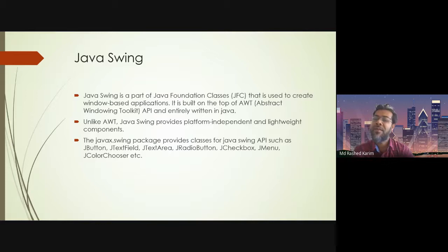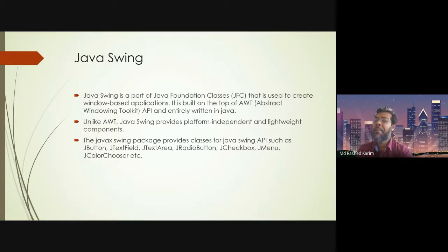What is platform-independent? Platform independence means it can run anywhere, on any operating system. That's why it's called platform independent. Javax.swing is a package that provides the classes. That means you can find all the classes for window building in this package.